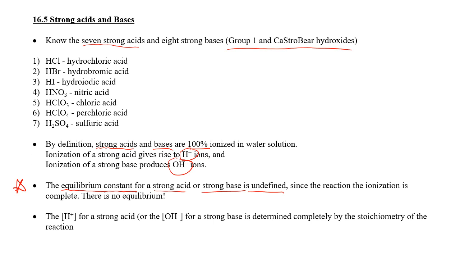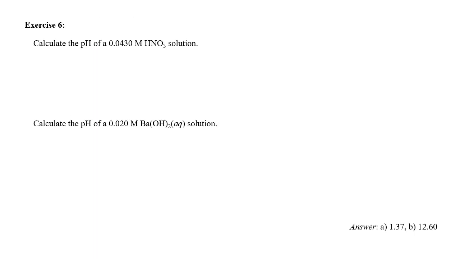We'll talk about that a little bit later. So the H+ and hydroxide for a strong acid or strong base is determined completely by the stoichiometry of the dissociation reaction. So let's take a look at a few examples.